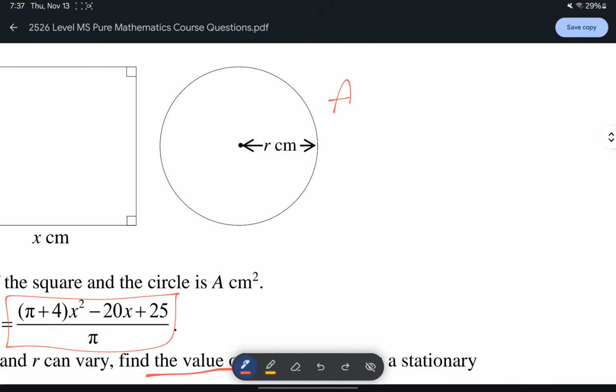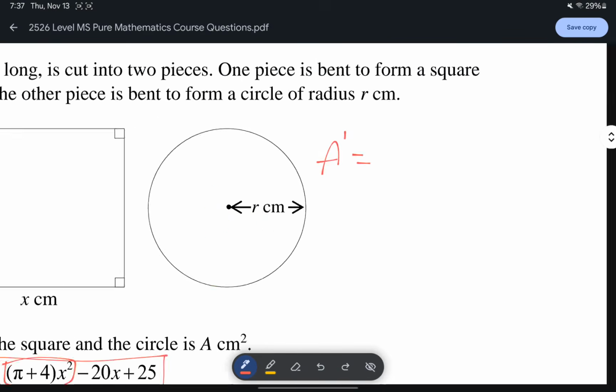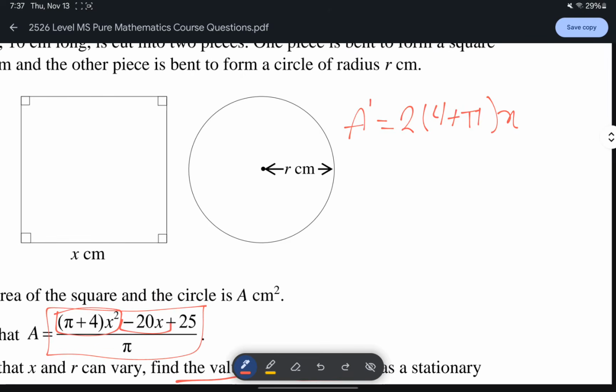Our A prime is going to be, we can differentiate the top part separately and then put it all over pi. The first part is 2 times 4 plus pi, times x, and the second part is minus 20.